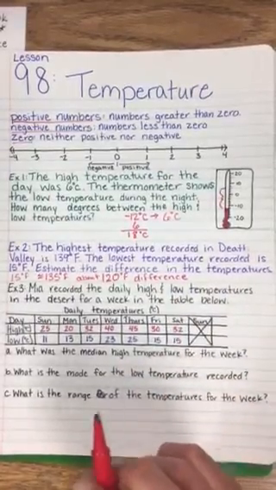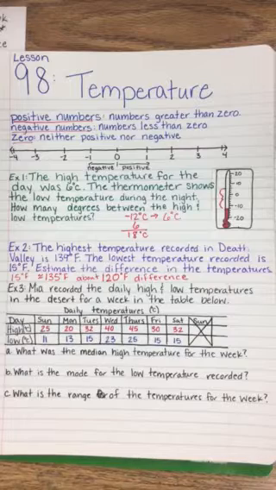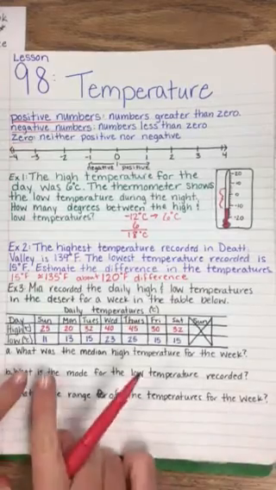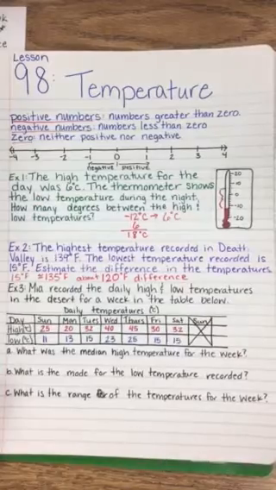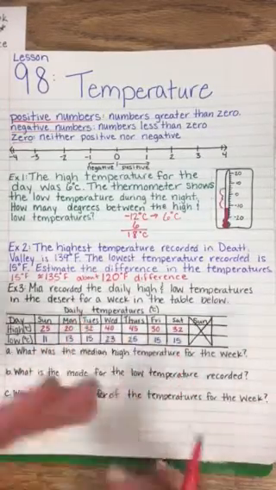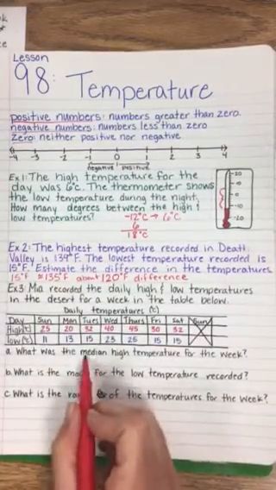And example 3. Mia recorded the daily high and low temperatures in the desert for a week in the table below. Okay, so we see that. What was the median high temperature for the week? To find the median, remember it means middle, because that middle of the road section on the highway is called the median. You could remember it that way. Median, middle.